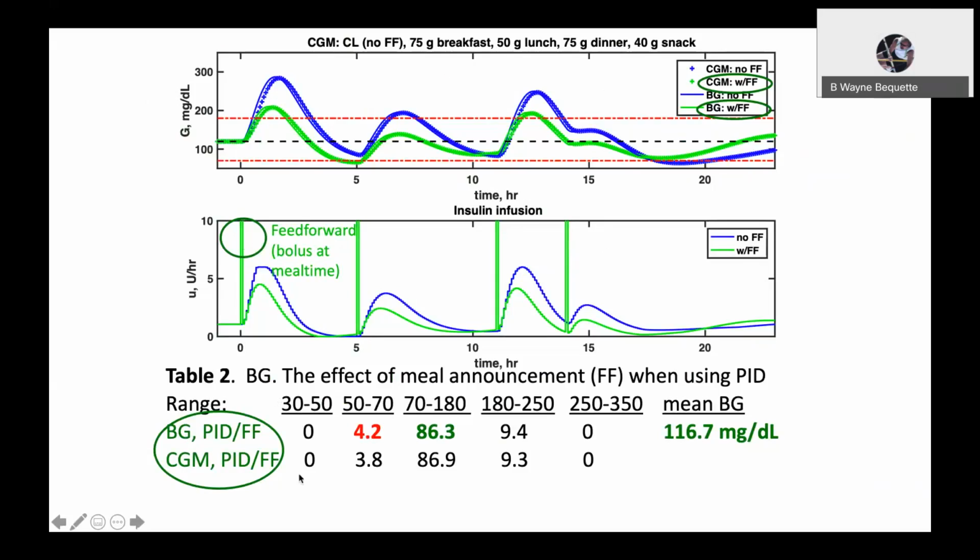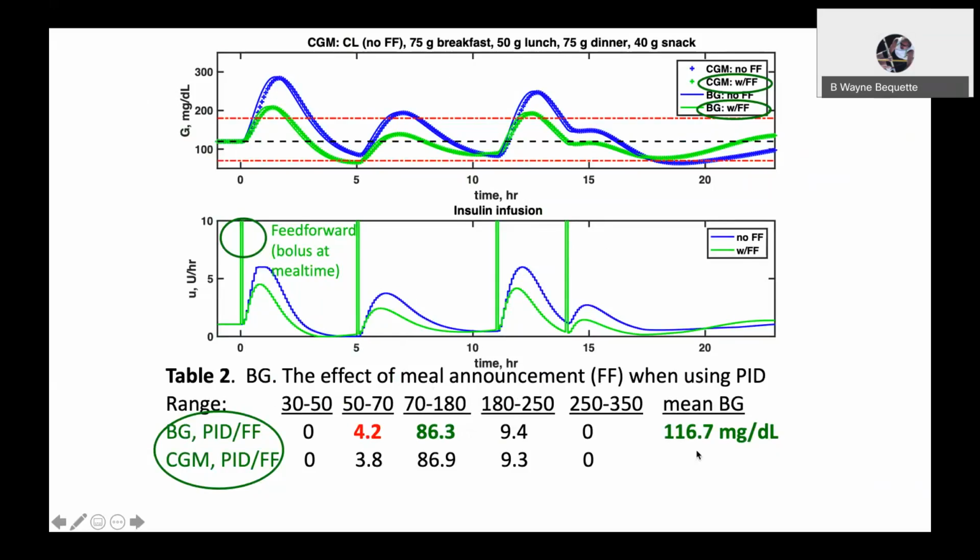So in terms of the performance metric, the blood glucose spends 4.2% of the time in hypoglycemia, a large percentage of the time, 86.3% of the time in the desired range of 70 to 180, and then 9.4% of the time in the slightly elevated range of 180 to 250 milligrams per deciliter.